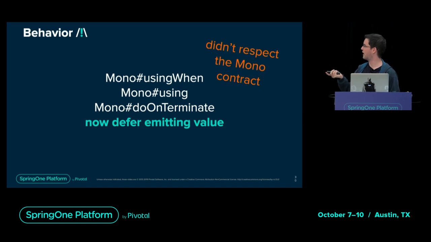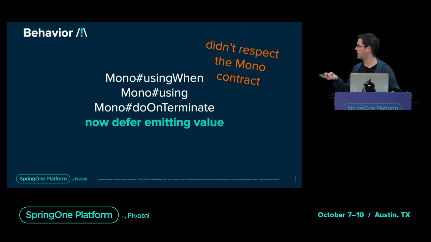These three operators actually had corner cases where they would produce a publisher that didn't respect the Mono contract. The Mono contract is at most one onNext signal, so one element emitted, followed either by onComplete, and that's it, or you emit nothing, you complete, and that's it, or you emit an error, and that's it.